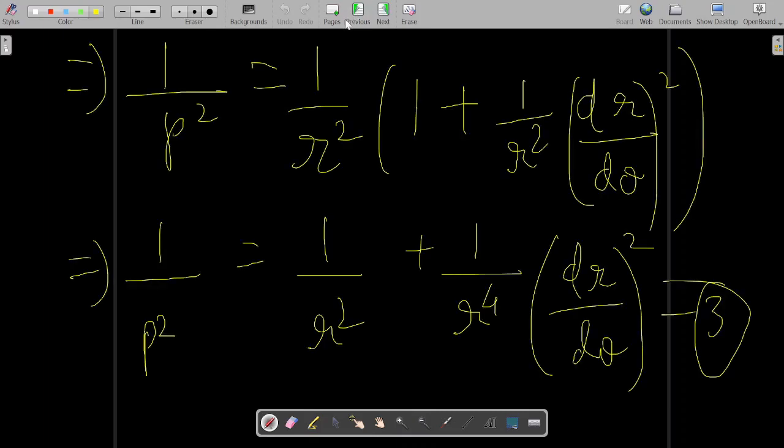Because we have our equation of motion in terms of u instead of r, the equation of motion which we have already discussed in the beginning of the class, and over here everything is in terms of r. So we will make the substitution of u equal to 1 by r. So let's write properly.